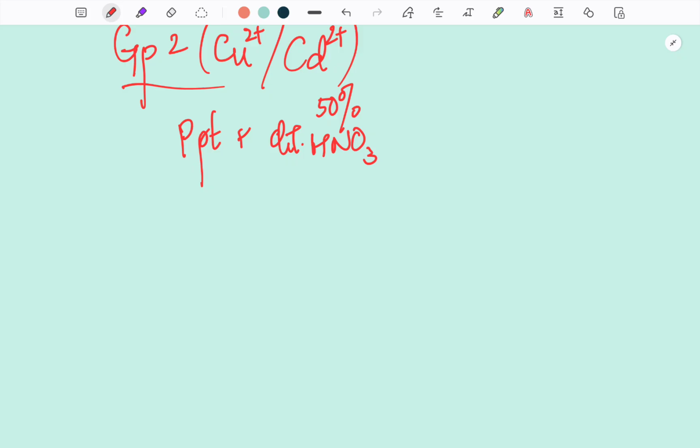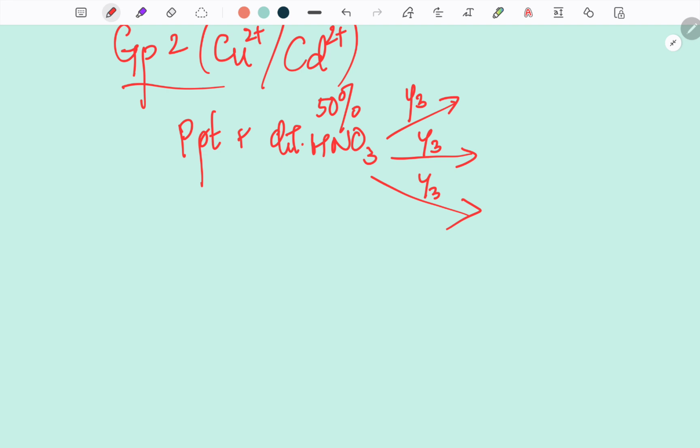But in case you are just using dilute nitric acid as it is, then also this test will work. Now you need to divide this into 3 parts. We are doing 3 tests, so you are going to divide it into 3 equal parts.